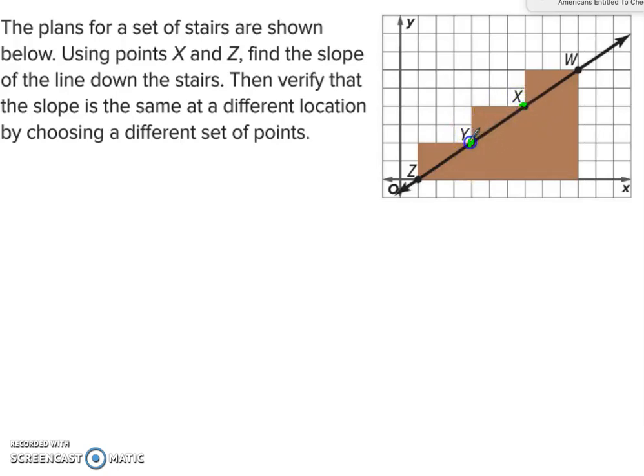So 1, 2, so X to Y. So X to Y, since I did that, I could go down 2, but it would be either up 2 over 3 or down 2 to the left 3, which reduces down.